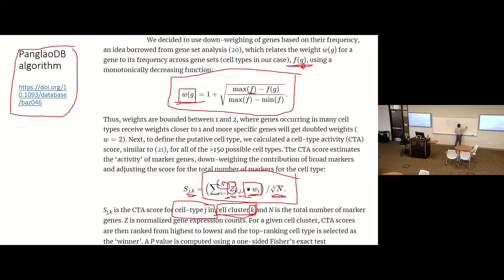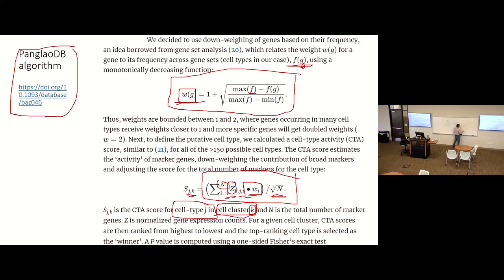For each of these cell types, I give a Z, the score. This score is computed from N different markers, the marker gene expression, summation.